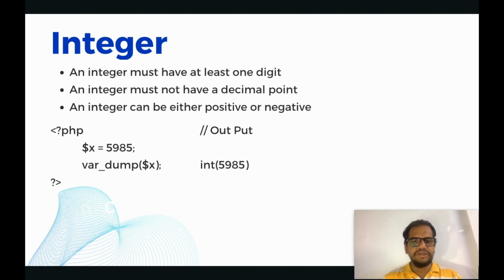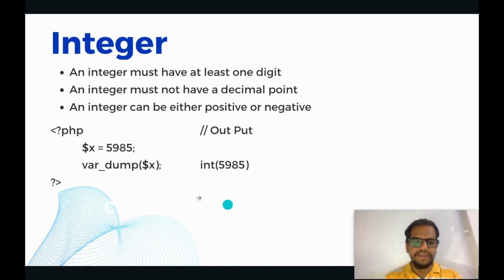So an integer can be either positive or negative. In this case we can type minus 10, but we can't type minus 10 point something like 2. But minus 10 is fine. And for positive we can type 10. That's all.